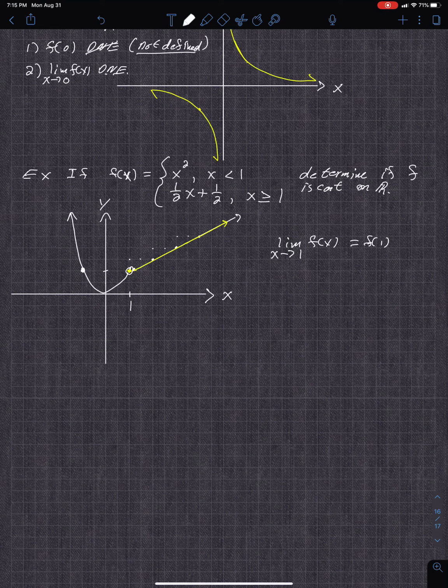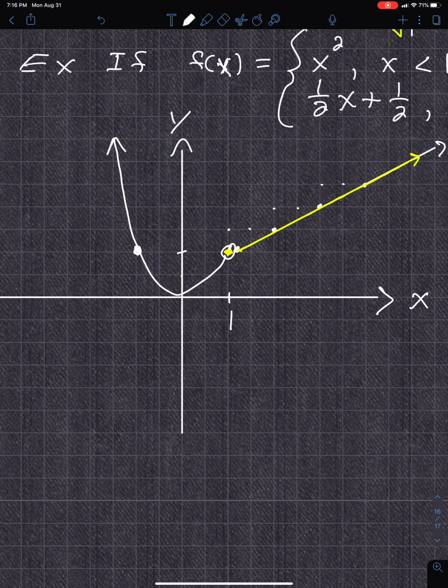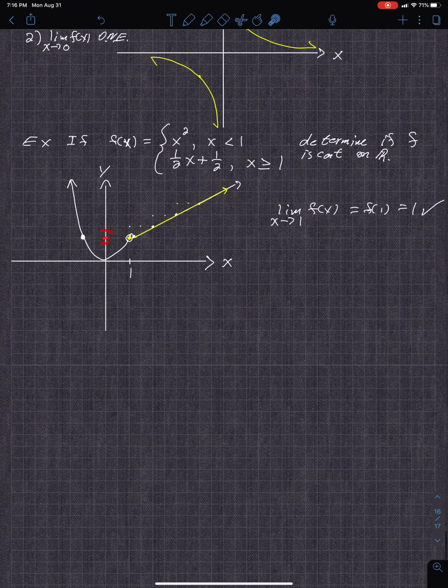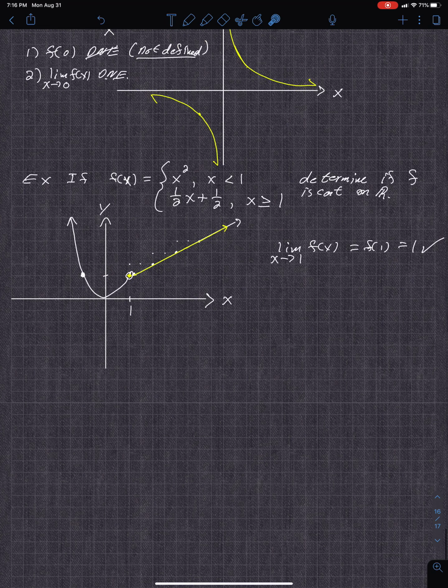So this is equal to 1, and it's true. So it satisfies all of those. So the limit on both sides, let me zoom in a little bit, as you approach like this, you get 1. As you approach like this, which would be this value, you also get 1. Okay, so you're still coming in on 1 there. And then the function value, it's true. So if this holds, it's continuous.